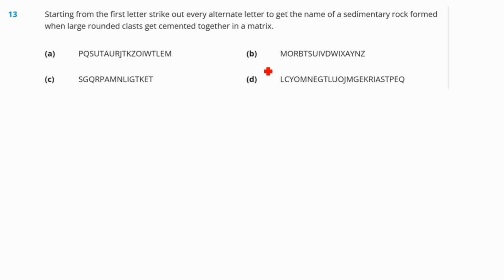Question number 13. Starting from the first letter, strike out every alternate letter to get the name of a sedimentary rock formed when large rounded clasts get sedimented together in a matrix. Let's see. First letter. This is quartzite.